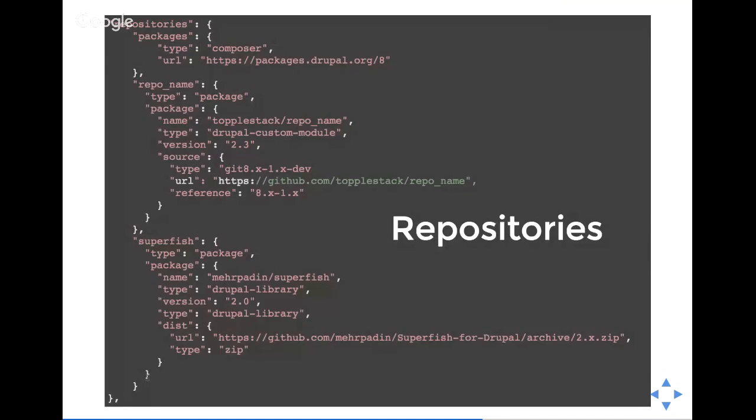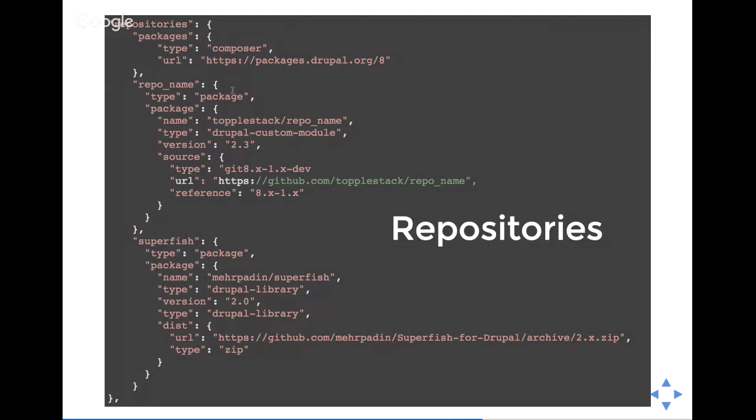Repositories. The most important one, and the one that you'll see in every Drupal 8 project, is the Drupal packages. This is basically the URL where Composer is able to go out and look for all of the packages that are available for the Drupal project.